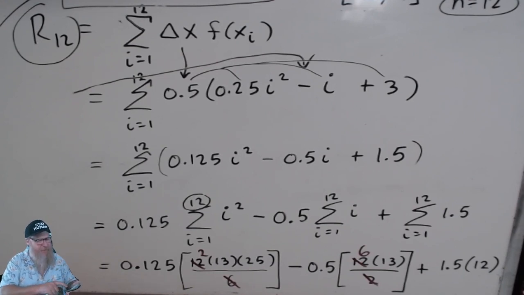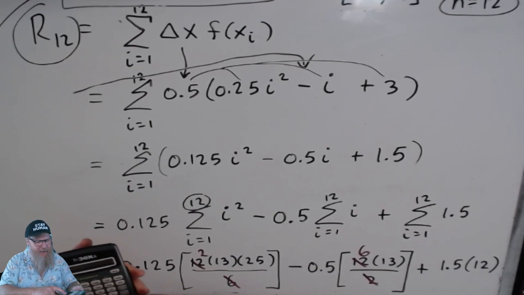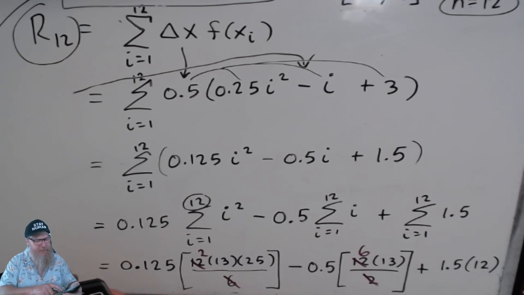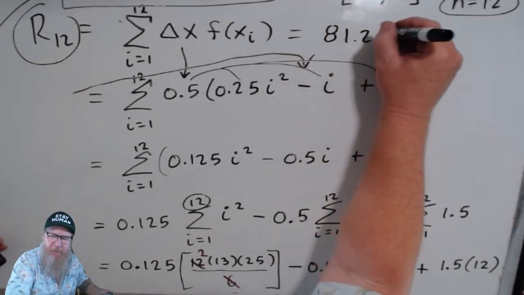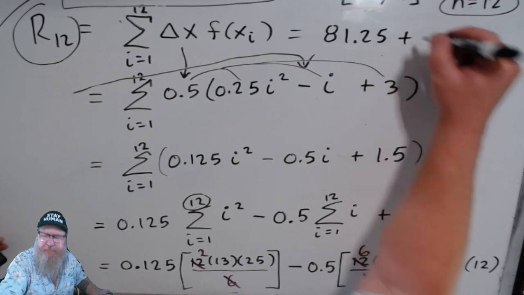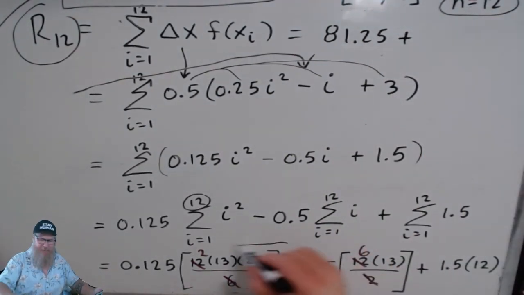Oh, I hit something wrong. 0.125 times 2 times 13 times 25. So that's 81.25. That's this first one here.